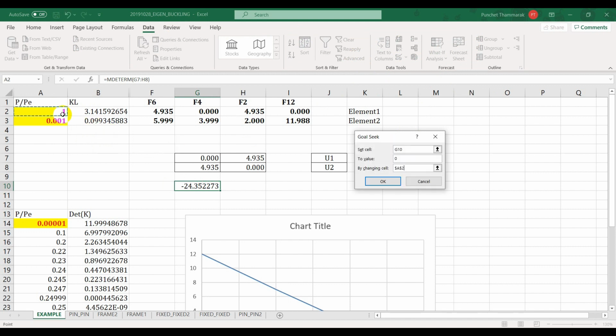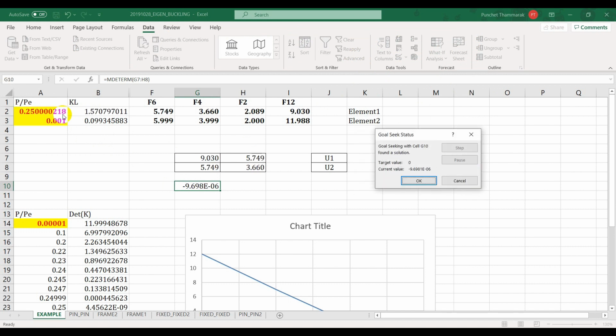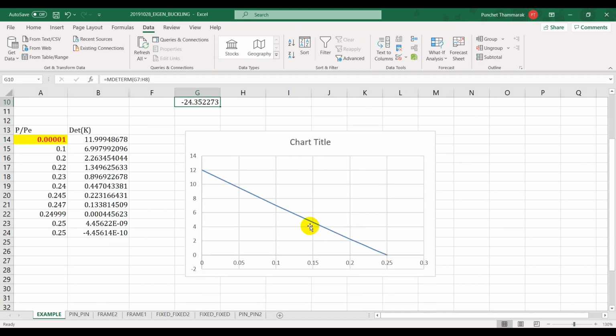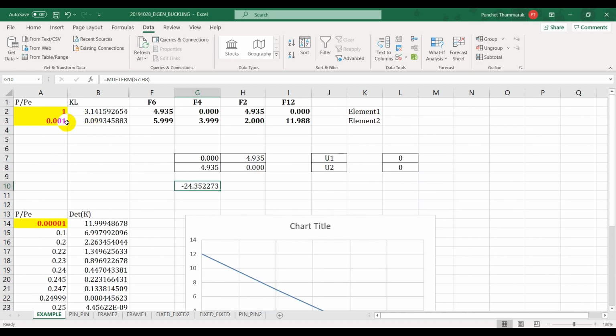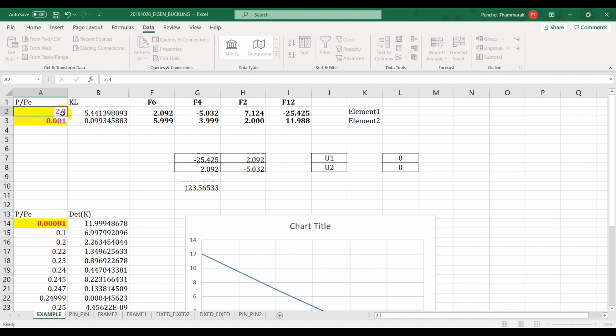Let's see if it's going to bring us back to 0.25. It brings it back. Interesting. Let me try other starting values.